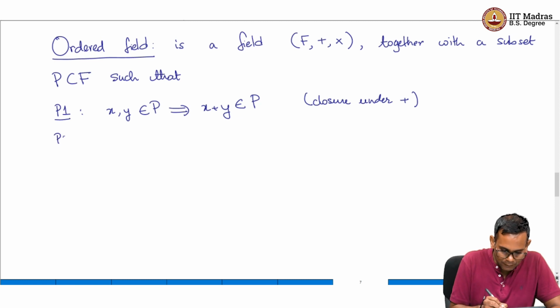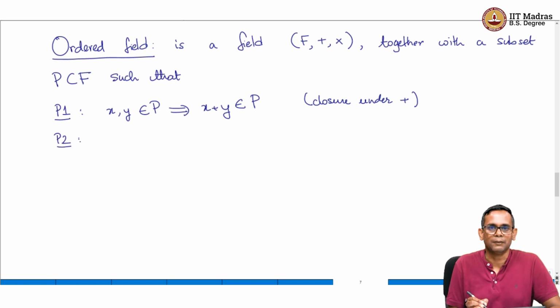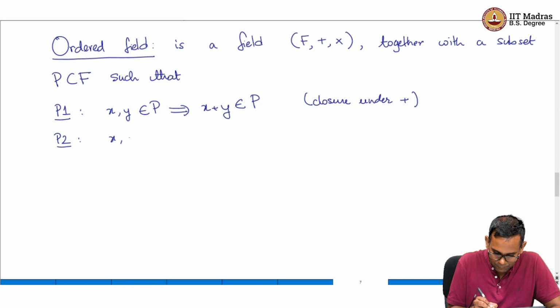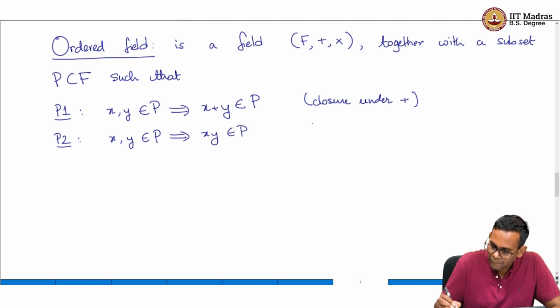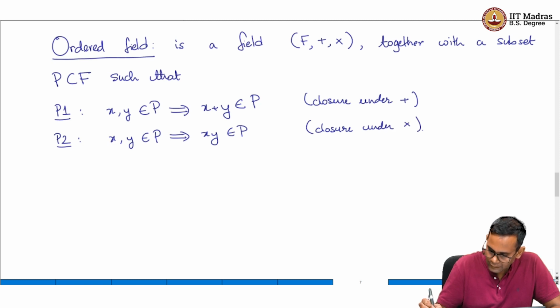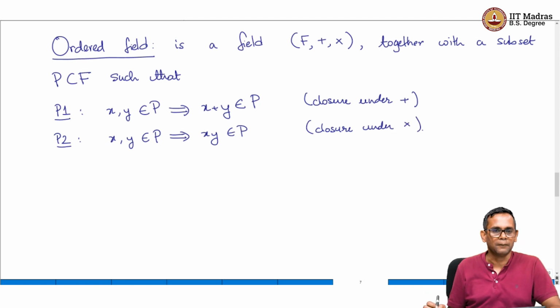The second axiom is that if you multiply two positive numbers, again you get a positive number. These two are rather obvious axioms.